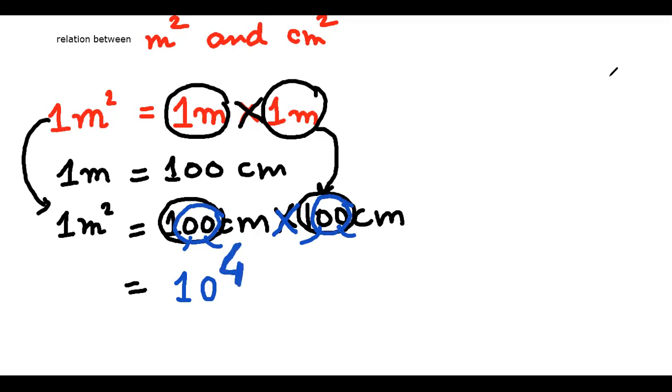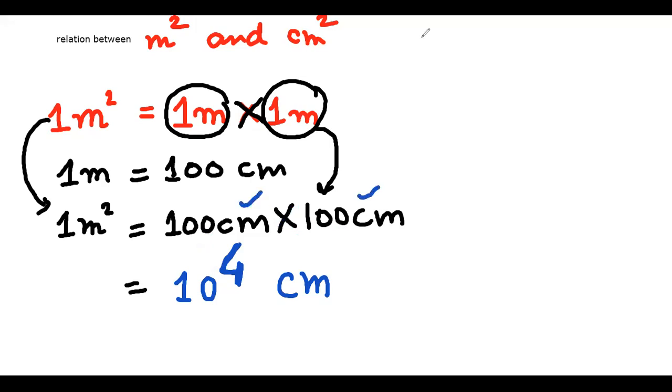Why 4? Because there were 4 zeros. Now centimeter: how many times is centimeter written? It is written twice, so centimeter raised to power 2.